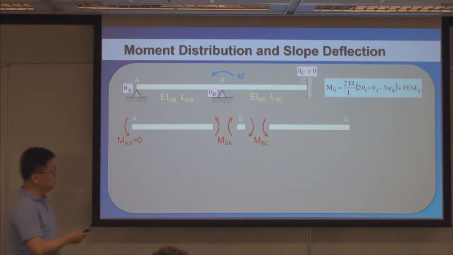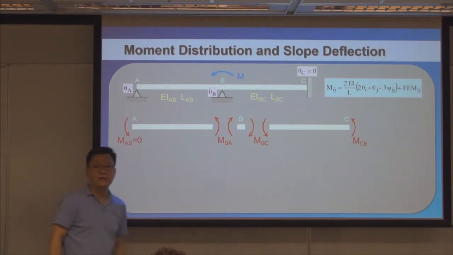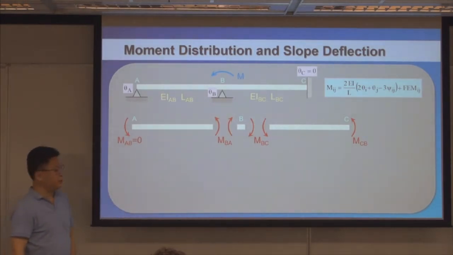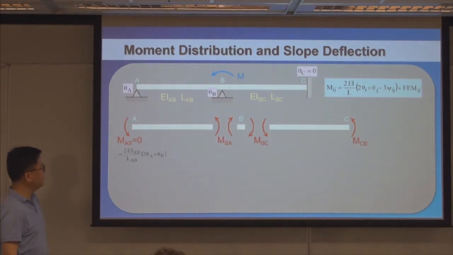And then go to component BC: you have MBC and MCB. Now all of these moments can be established using the slope deflection equation and can be related directly to the degrees of freedom. So here you go, we set them up one by one, strictly following the slope deflection equations.